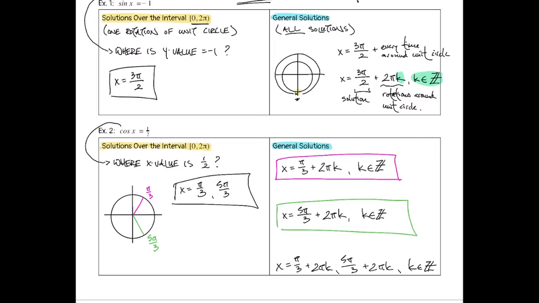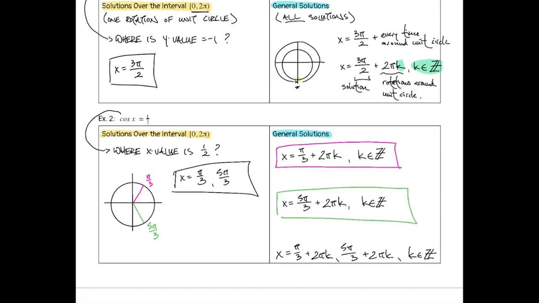I think that way might be a little bit too condensed, because we're looking at one solution that comes from one of the answers and then sort of a second one.